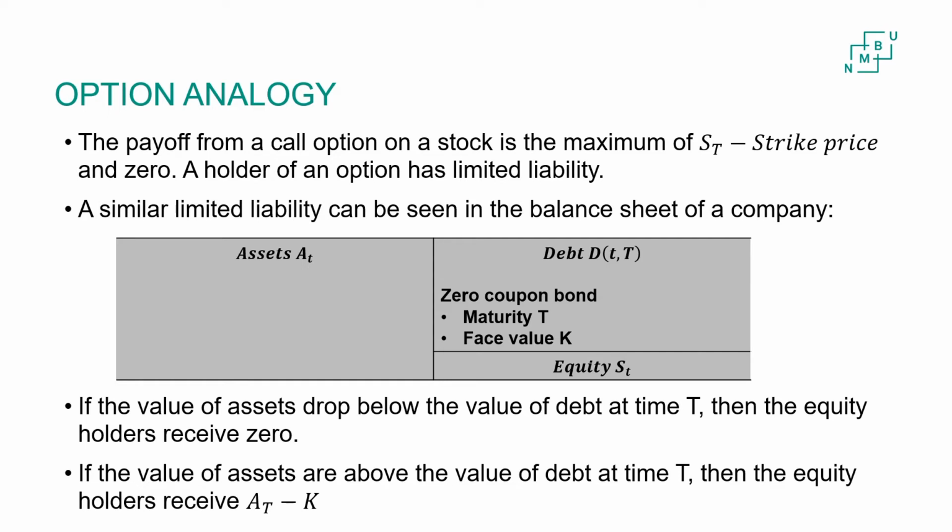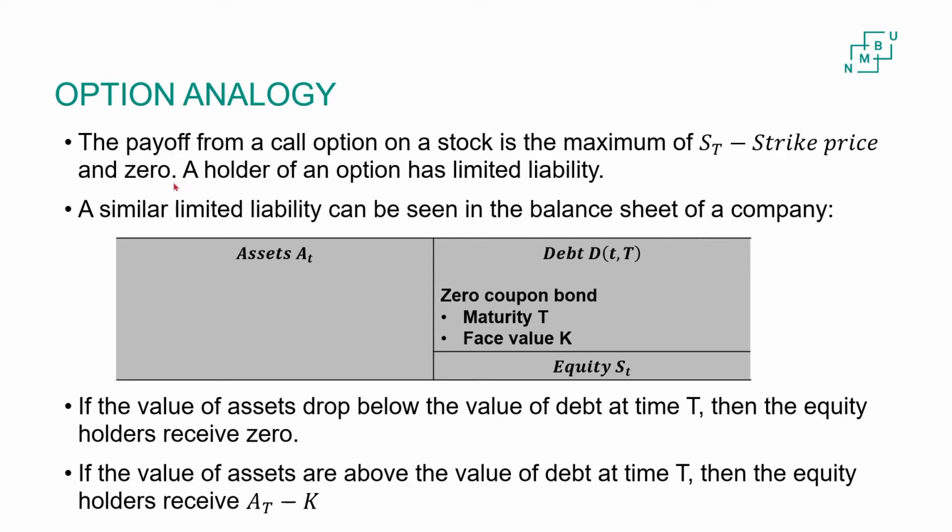Now it's important to look at why we can use option theory when looking at the assets and debt and the equity of a company. Well, as you probably know from beforehand, the payoff from a call option on a stock is the maximum of the stock price in the future less the strike price and zero.